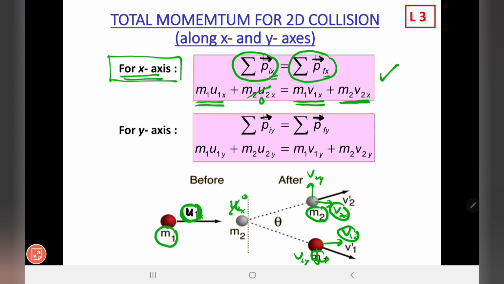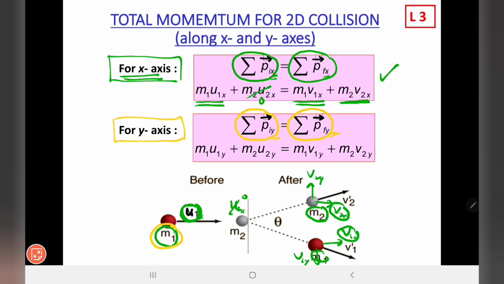Okay, now let's turn to the y-axis. What do we have here? For the y-axis, still the same. Total momentum initial and final are equal to each other. So P initial on y equals P final on y. Okay, so initially what do we have?